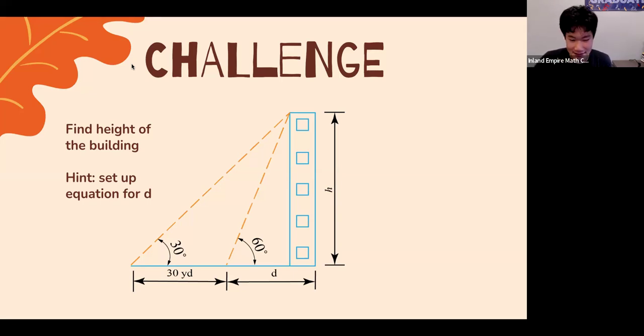Yeah, 30 YD refers to yard. So you want to find your final answer in terms of yards.